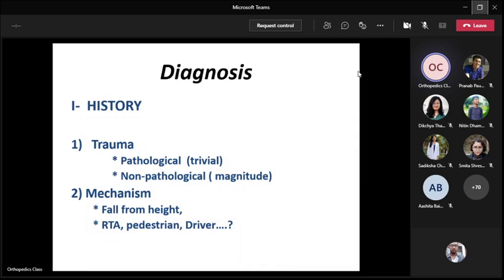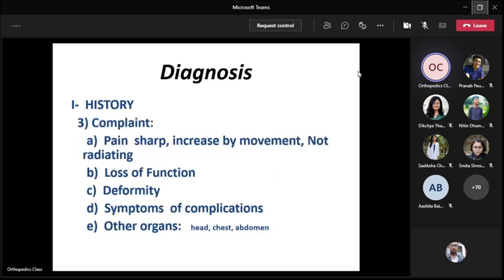The next is mechanism: fall from height, road traffic accident, pedestrian hit by a vehicle. These all indicate high velocity trauma, so the amount of soft tissue injury and the fracture pattern will be severe. Whereas in pathological fractures, you don't need a good amount of force. A simple trauma can also produce it.